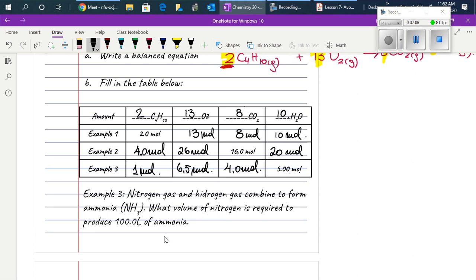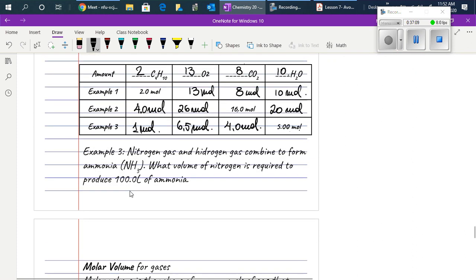Okay, now let's see: nitrogen gas and hydrogen gas are combined together to form ammonia. What volume of nitrogen is required to produce 100 liters of ammonia? So we'll start with the reaction.